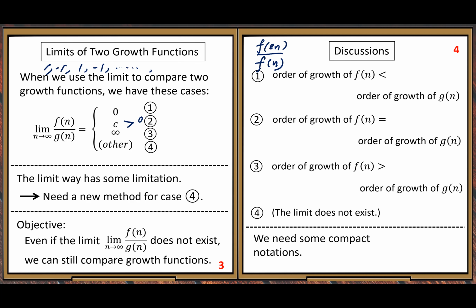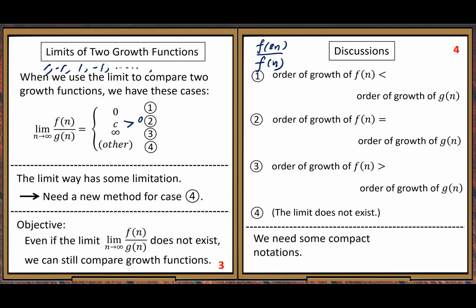The first notation: when order of growth of f of n is less than order of growth of g of n, we say f of n belongs to little o of g of n. Look at this symbol, little o. What's the meaning of little o? It is just notation.